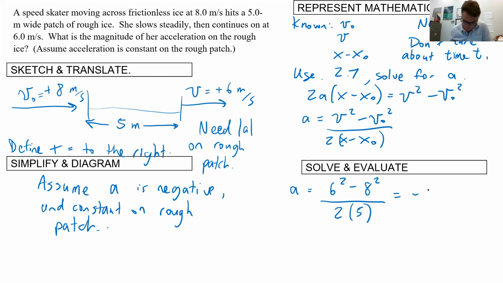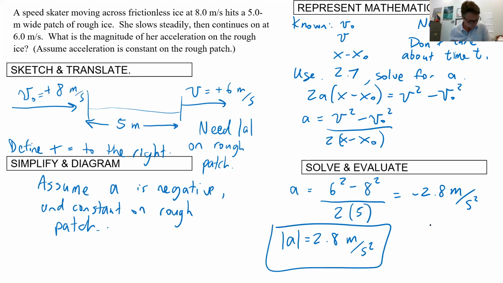And I got negative 2.8 meters per second squared, which makes sense. It's slowing down, right? And so the magnitude of the acceleration, because that was what you asked for, is 2.8 meters per second squared. Box around that. And it's less than g. Less than gravity. So it's reasonable.